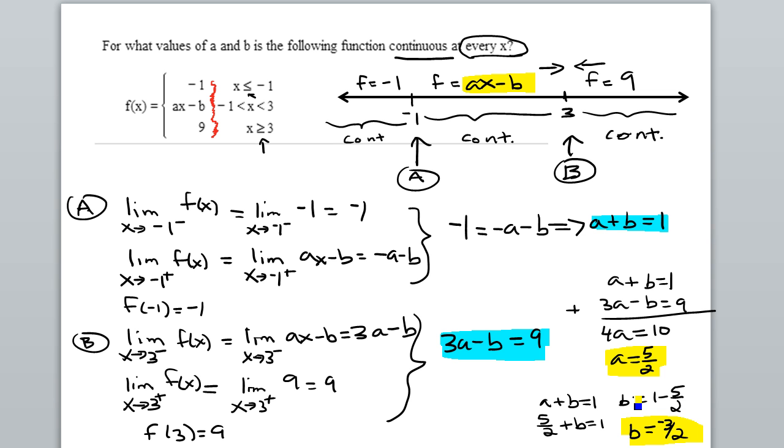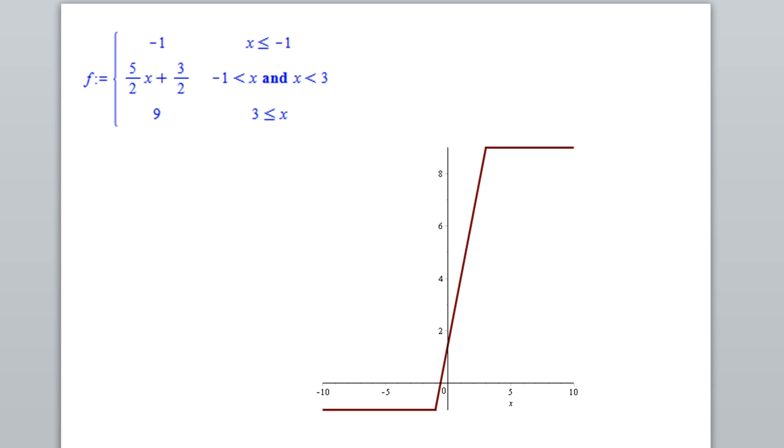But let's see the graph. If I plug in a being 5/2 and b being negative 3/2, let's take a look at the graph. We have the function constant -1. Then we have the line 5/2 x minus a negative 3/2 or plus 3/2. And then we have the function 9.